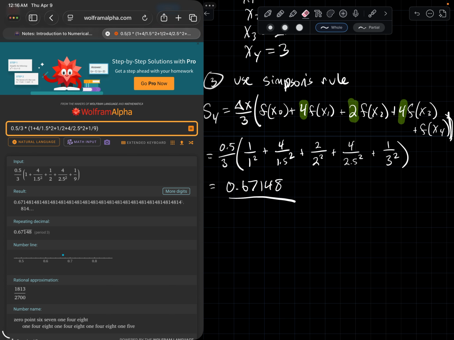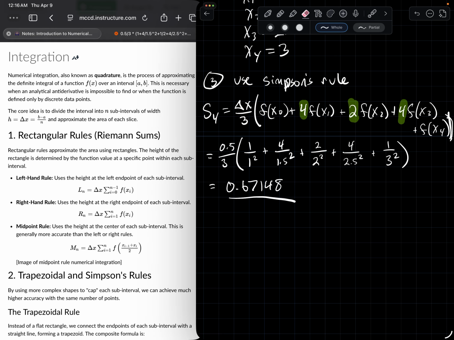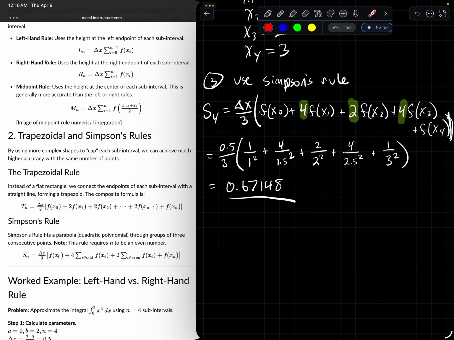I just wanted to illustrate this with one worked out example so that you could see the pattern that goes 1 and then 4, 2, 4, and that alternates. That's going to be slightly harder to code than some of the other methods, but you can use a for loop for that.